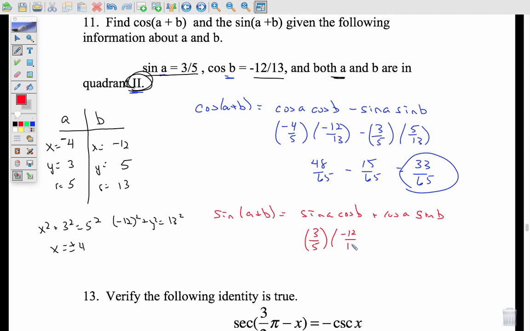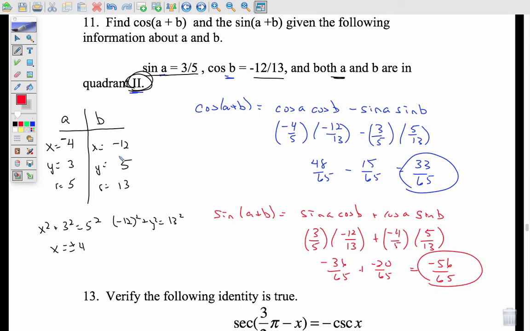We found x, y, and r, so we can find sine and cosine pretty easy. Sine of angle A is 3/5. Sine is y over r. Cosine of angle B, cosine is x over r, so -12/13. Cosine of angle A, x over r, -4/5. And the sine of angle B, y over r, 5/13.